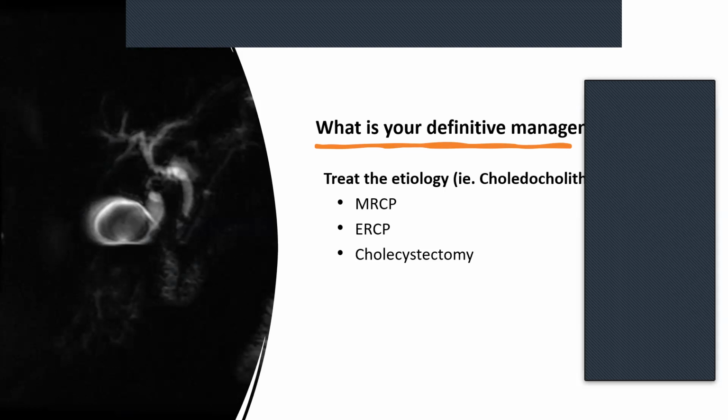The image in this PowerPoint is an example of an MRCP where contrast flows through the bile ducts, and you can see whether there are any areas of dilatation or constriction to show that a gallstone might be stuck. Once you've identified that, you can proceed to an ERCP to relieve the obstruction, and that should help with treating the pancreatitis as well.